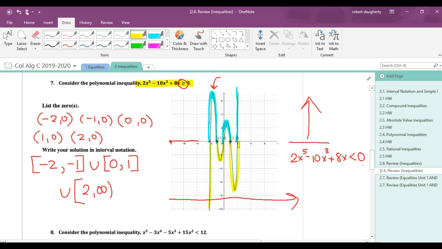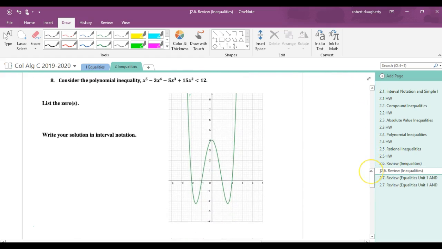So on the x-axis, as I travel from left to right, that's going to be from -infinity to -2, parentheses, because it's strictly less than. The next interval is from -1 to 0. And then the next interval is from 1 to 2. That would be if I asked for where it's less than 0.